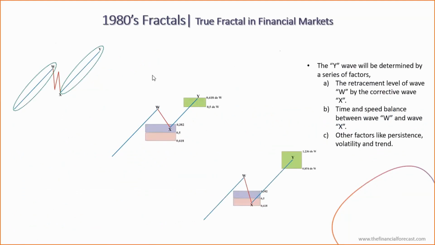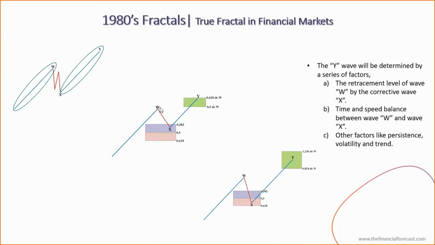And before I was talking about a very simple rule. So we have in a zigzag pattern, the third wave, the wave Y, will be conditioned by the prior two waves, the wave W and the wave X. And this is present in my book.